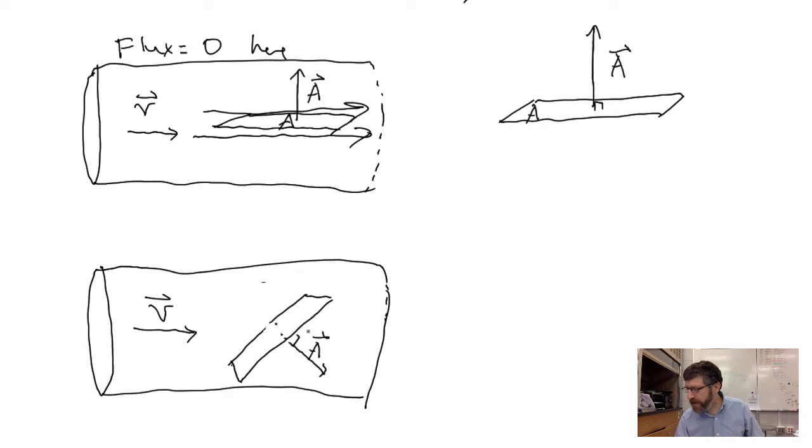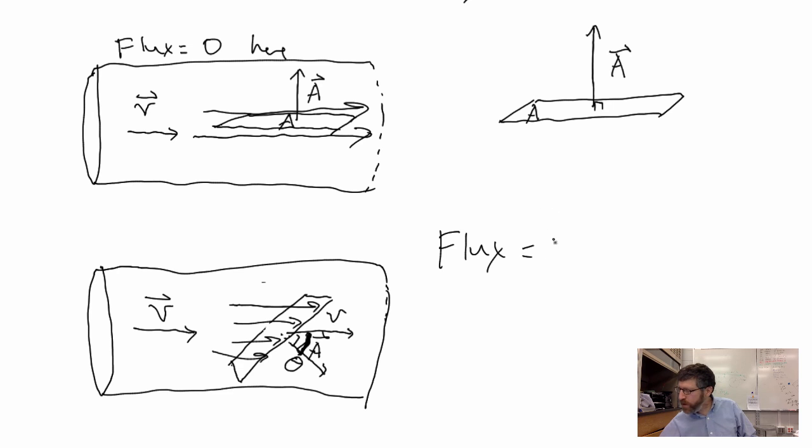I'm going to pick up this velocity vector and move it over here. There we go, there's my velocity vector. And that right there is what I'm going to call my angle theta. So when you figure out the flux through here, basically how much water is getting through that little screen I've created, the flux, in this case for water, is equal to not just A times V, but V dotted with the A vector.